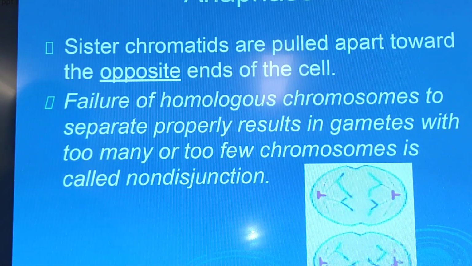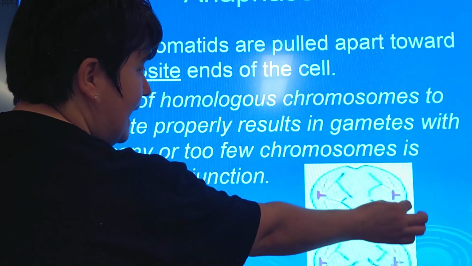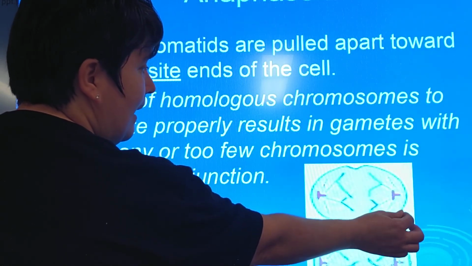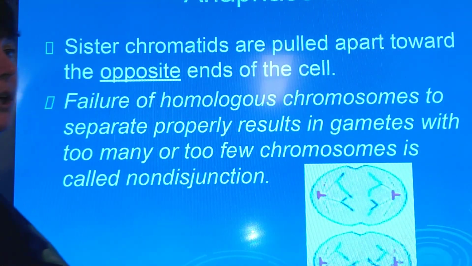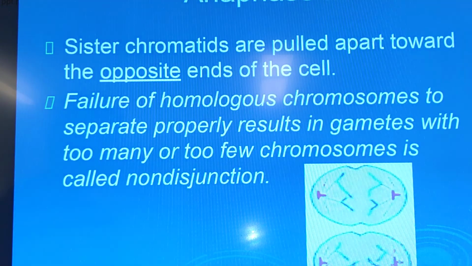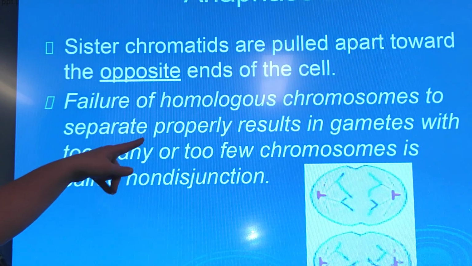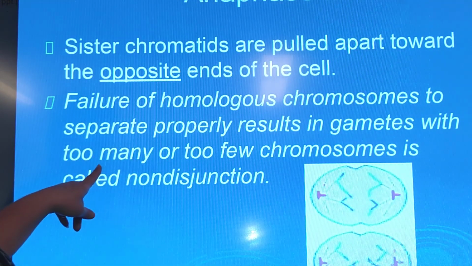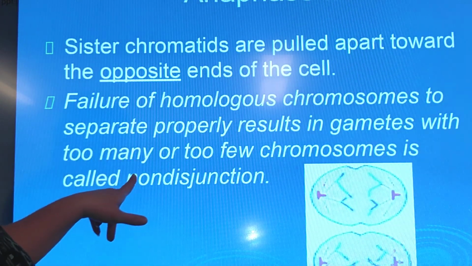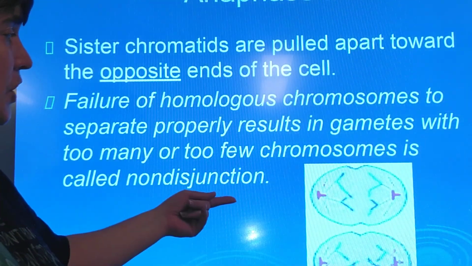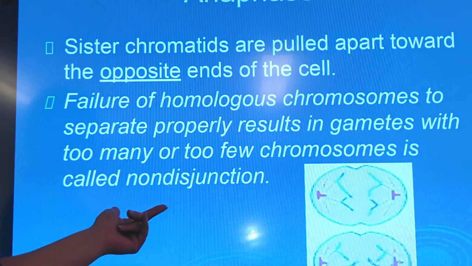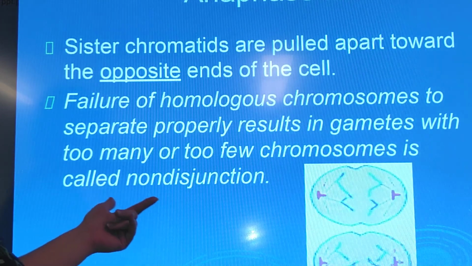Sometimes they don't pull apart like they should. Sometimes they may stick together and an egg or a sperm may end up with two copies of a chromosome, and the other one would end up with no copies of that chromosome. Failure of homologous chromosomes to separate properly in a gamete ends up with too many or too few. This is non-disjunction, and one case that many of us are familiar with is Down syndrome.